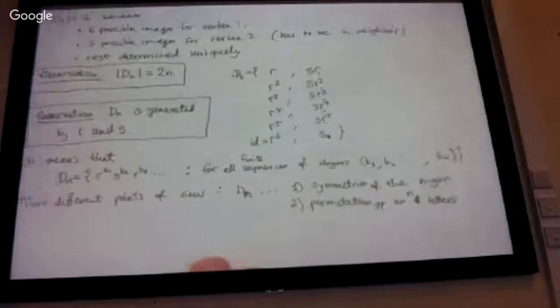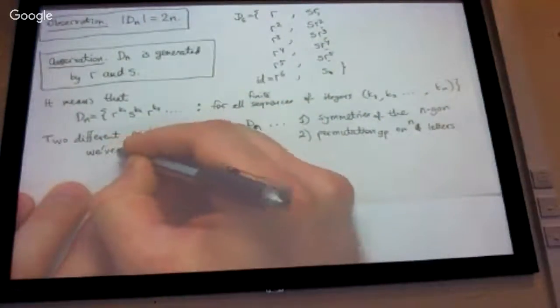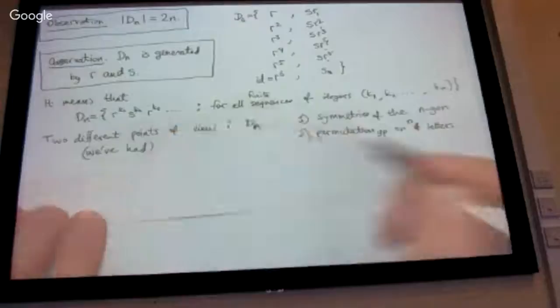Now there's a third point of view. A new one.